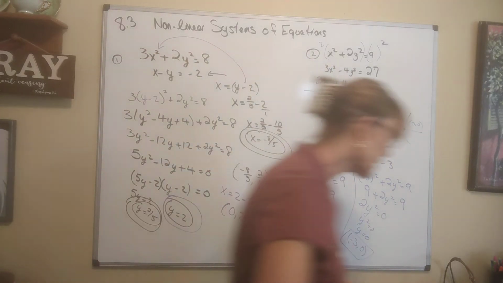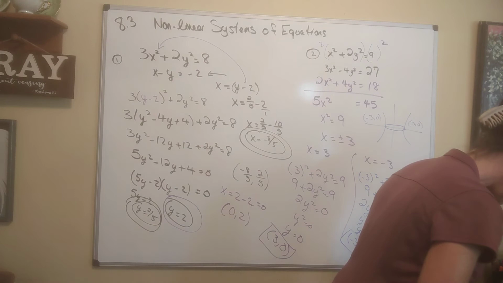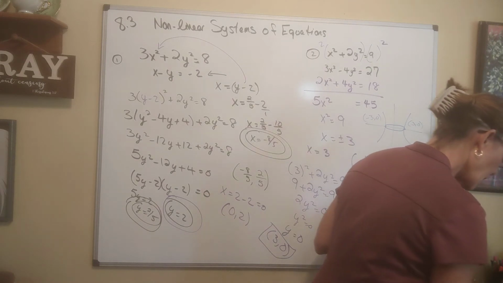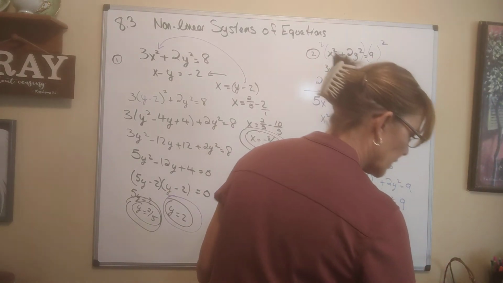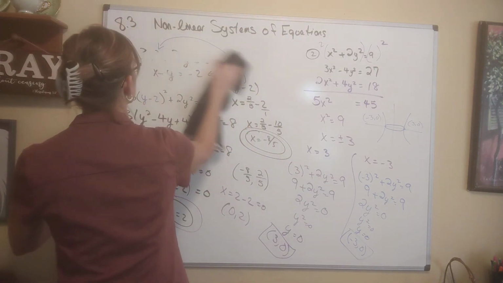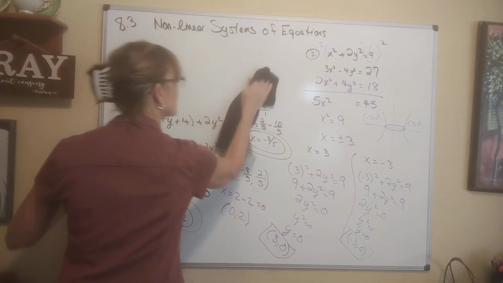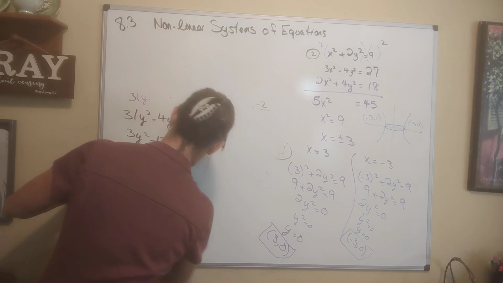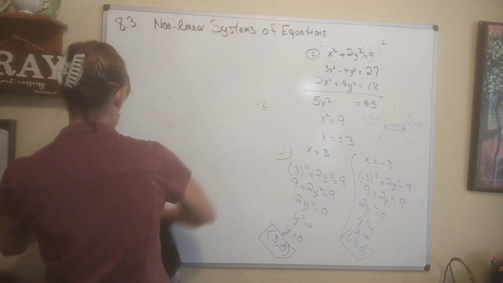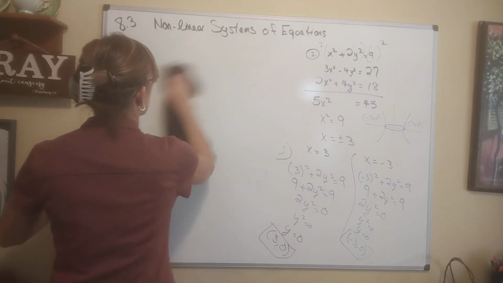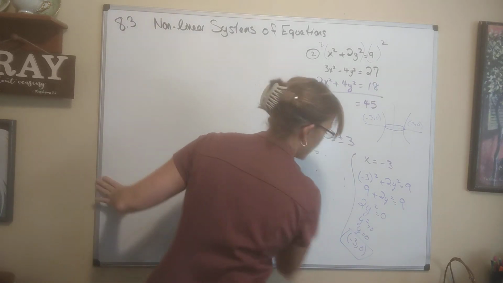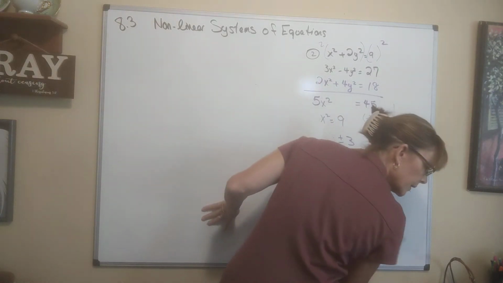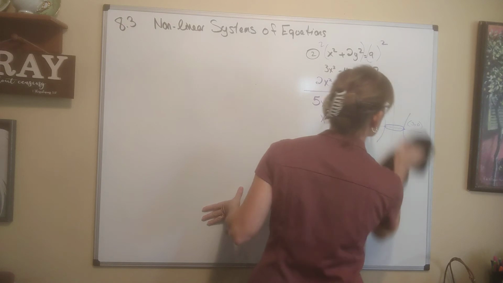Okay, let us look at the next one. Number 3 gives us this. 2x squared plus 3y squared is 5. Okay, and so that one is an ellipse and a hyperbola.